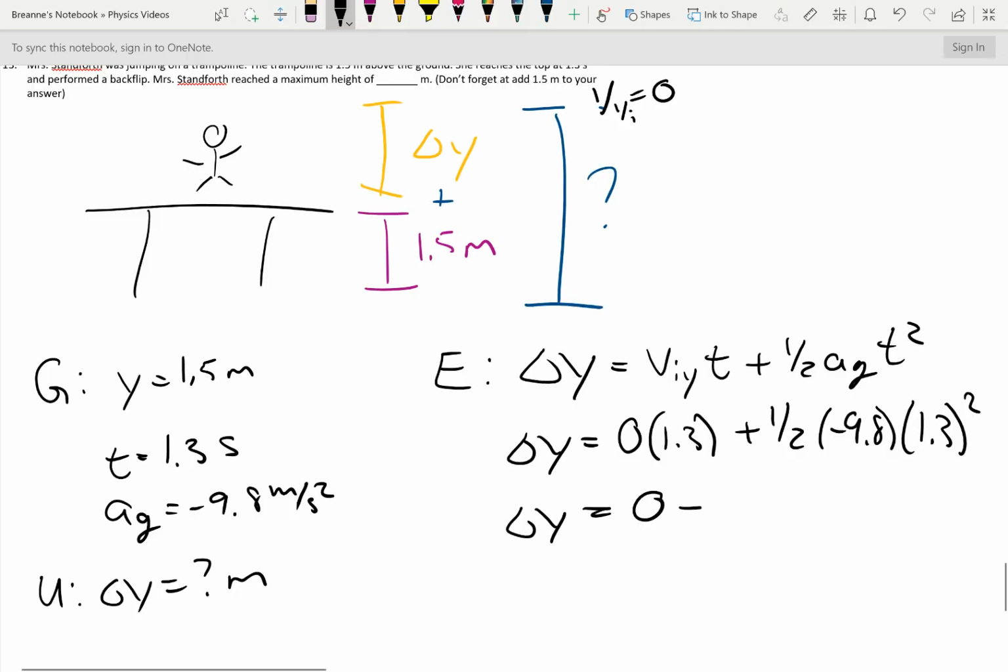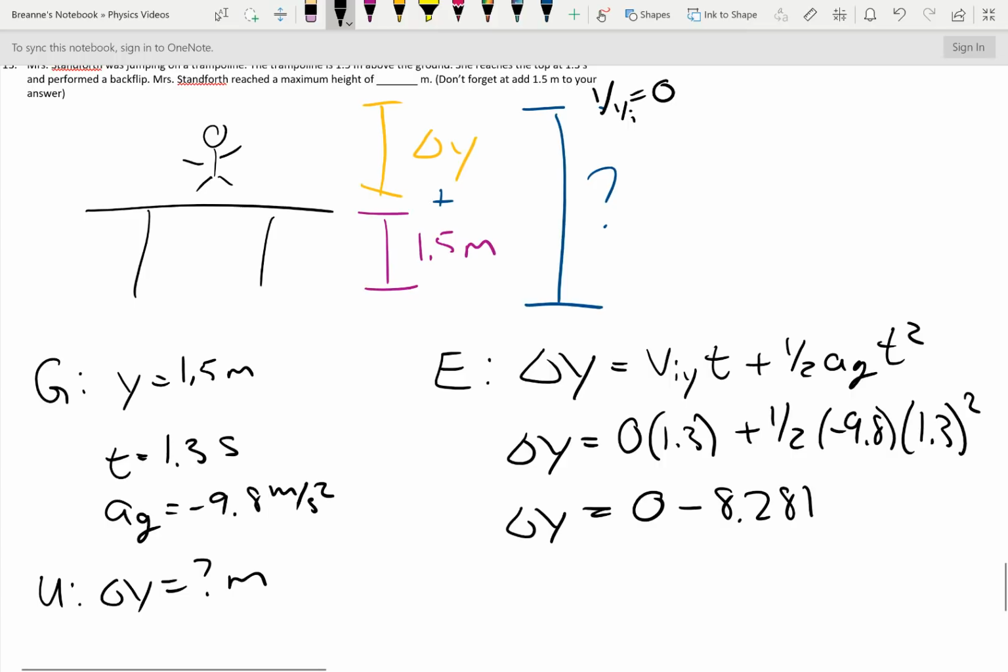Do not forget to square. Please do not forget to square. A lot of people were forgetting to square. So that gives you a negative 8.28. Remember that negative is just directional. That's all it is.